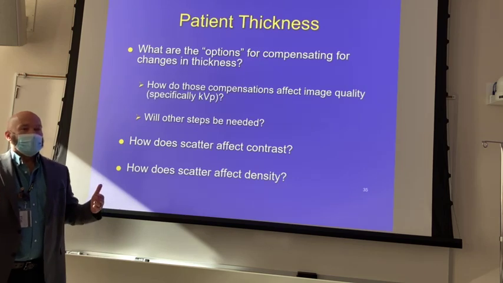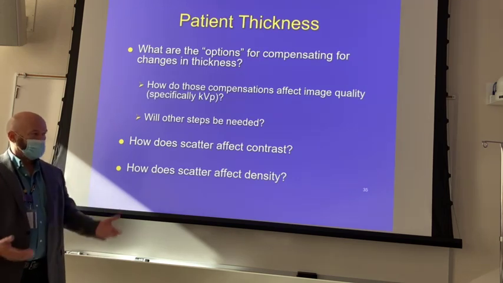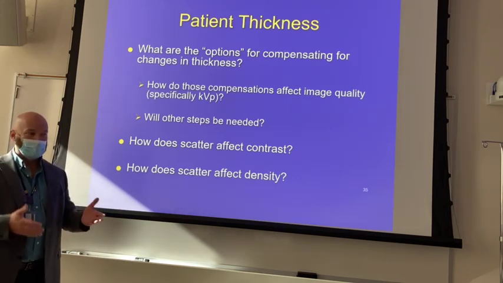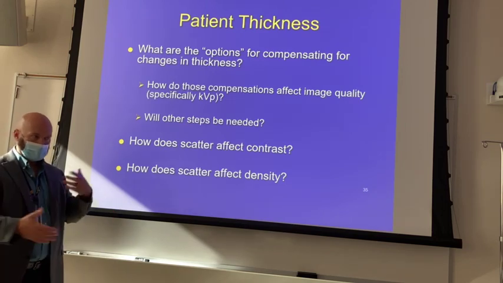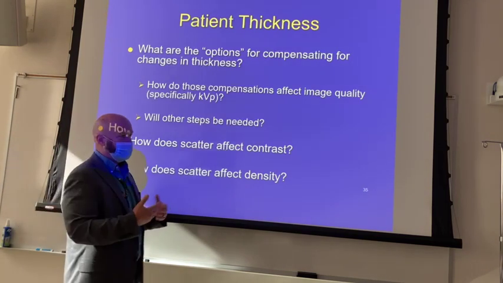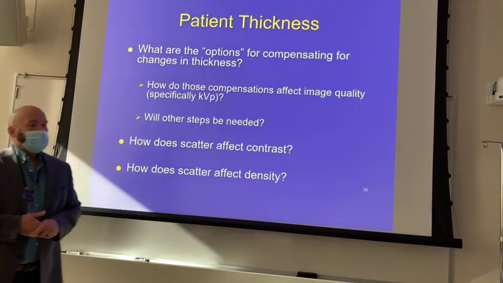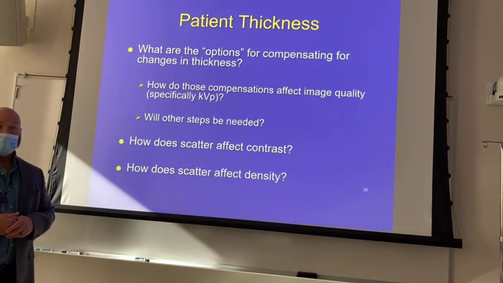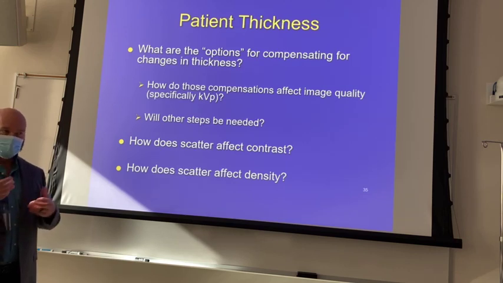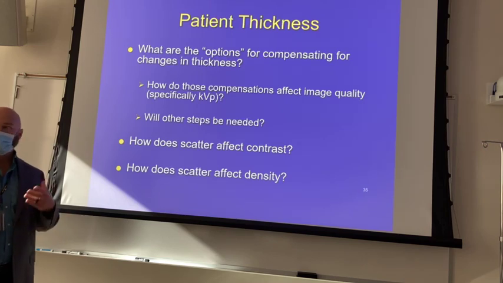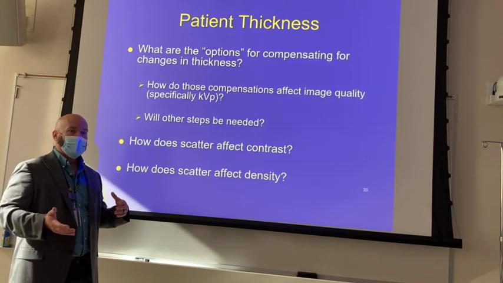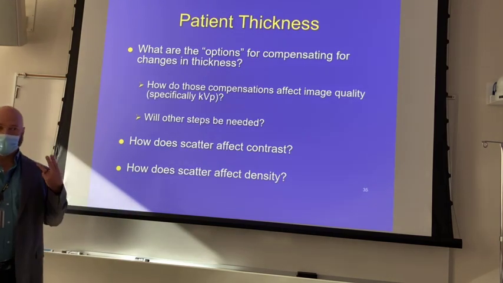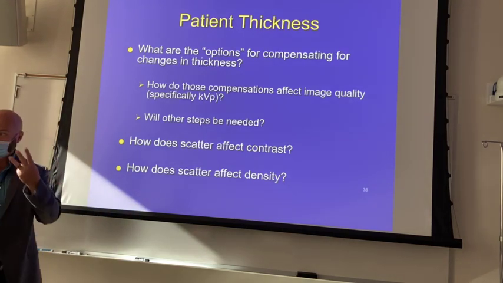Your grid factors, how much of a change you need to make in your technique according to the grid, and we'll talk about that probably Friday, is proportional to how much lead is in that grid. Okay, and they start at around, for decent grids, around 3 to 1, which means that if you use an 8 to 1 grid, you need to increase your technique by a factor of 3, right?